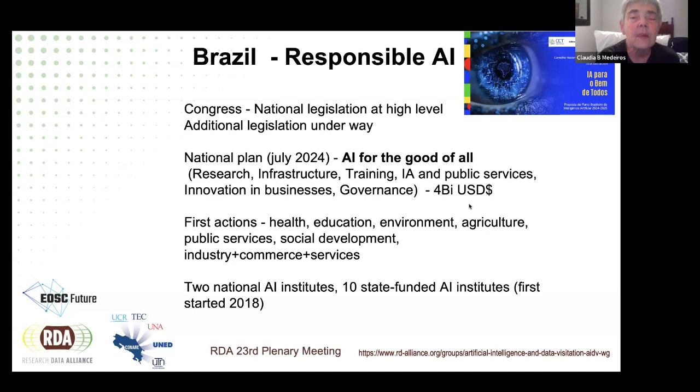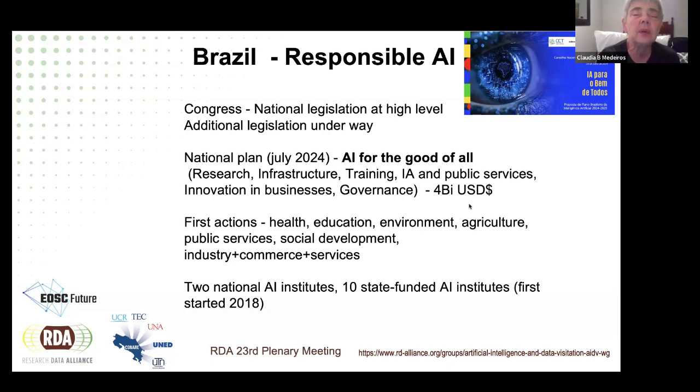We have in the Brazilian Congress national legislation already passed at a very high level, plus additional legislation in different states underway. We have a first national plan, a 5-year plan that was published in July 2024, which is called AI for the Good of All. And the figure at the top corner is the folder, an 84-page folder describing the plan and the actions.